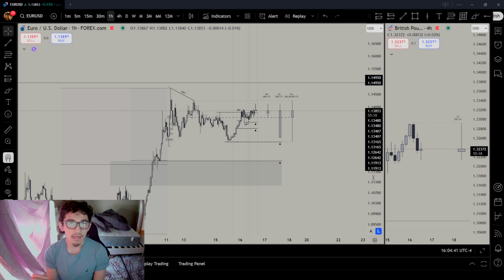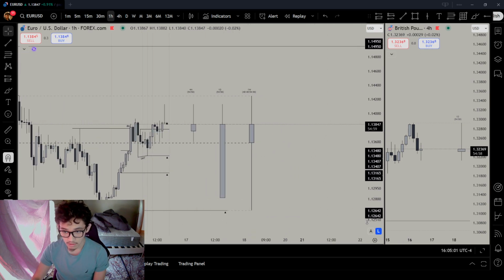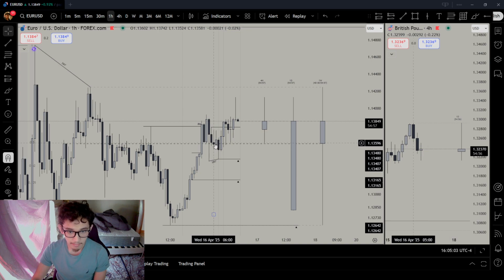And now this will help you be more organized, right? Step two is marking the session you trade. So I trade the New York session. I'm gonna mark the 6 a.m. candle and the 10:30 a.m. candle. And if I'm looking for a New York continuation, I will as well mark the 7 a.m. candle, right? So I wake up at 5 a.m. always, 6 a.m. mark the same candle.